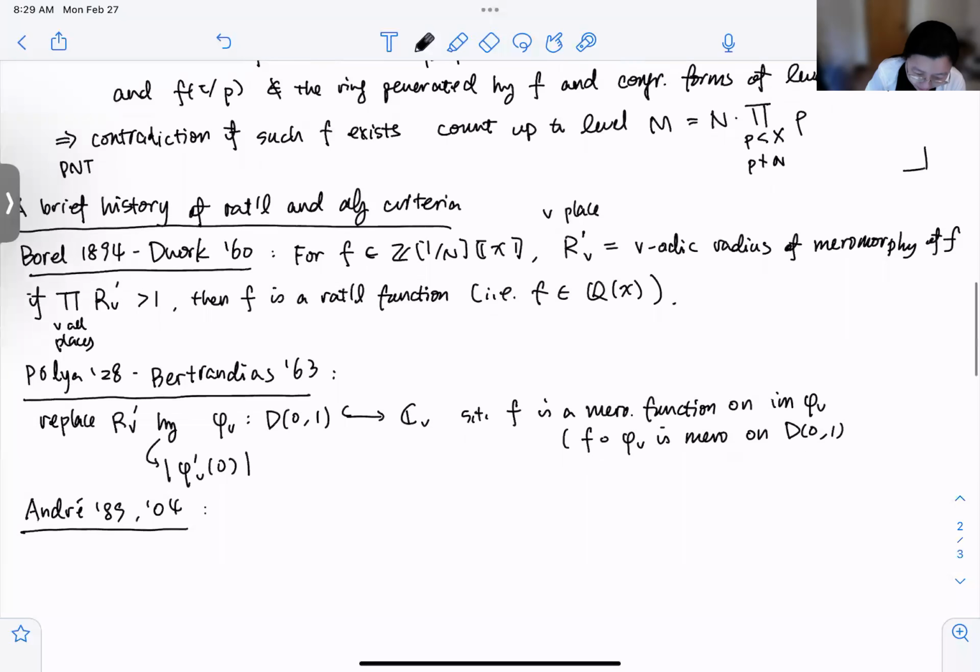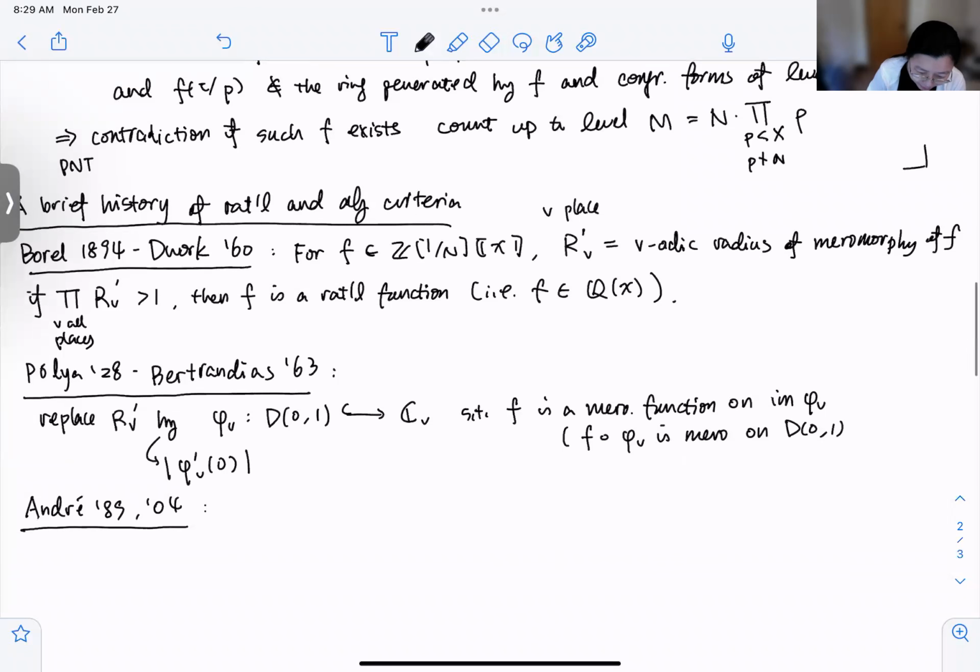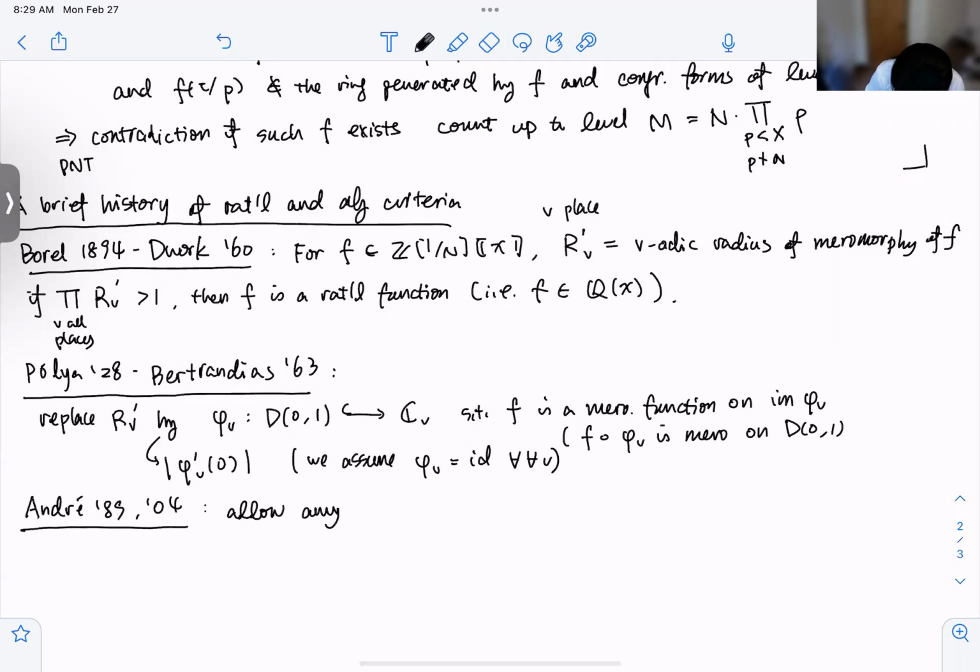Again, it's a special case. What he proved in general is that, with an identical condition, we assume phi_v equals the identity for almost all v, and then we just allow any phi_v from the disk to C_v such that F pulled back by phi_v is meromorphic on the disk.